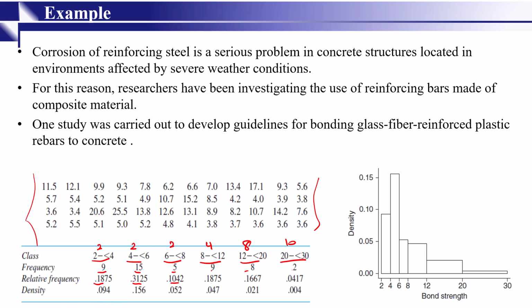This one divided by 8. And then we can go for here. So you can see unequal classes, and this is density. The first density is 0.094. The second density is 0.156. And the rest you can see. This is called density.